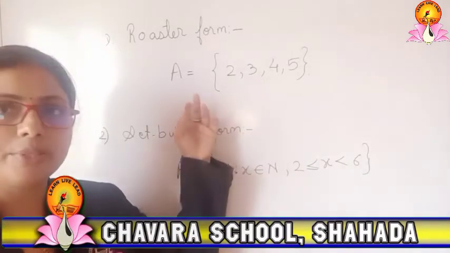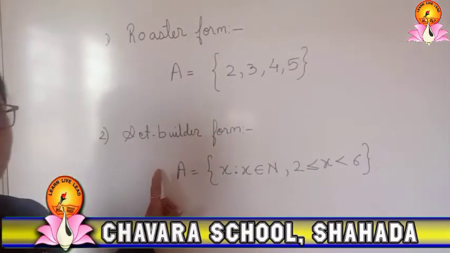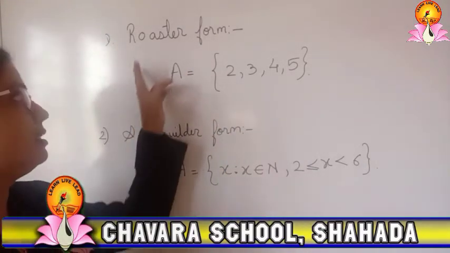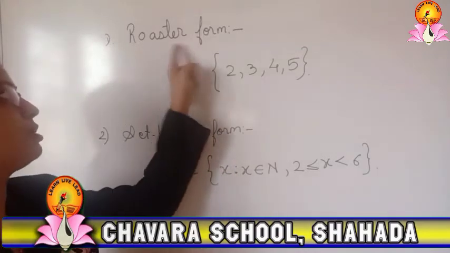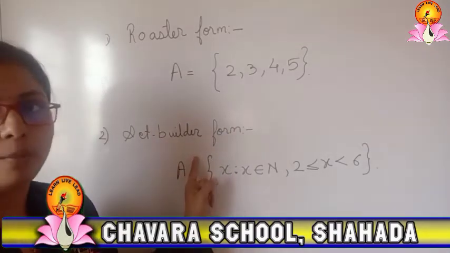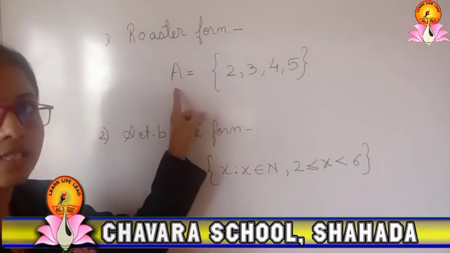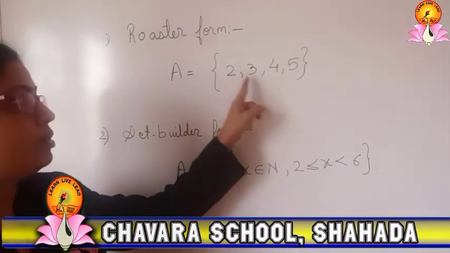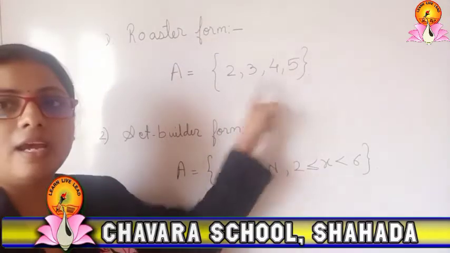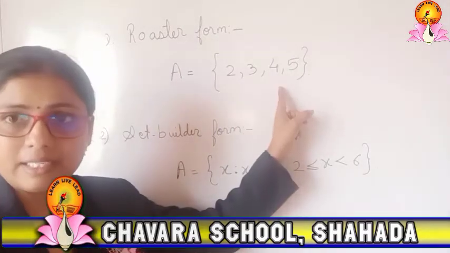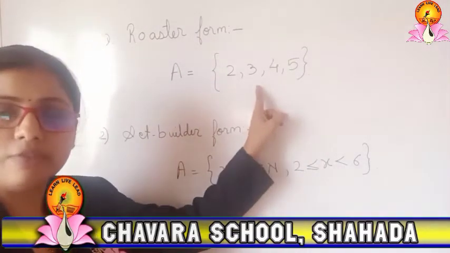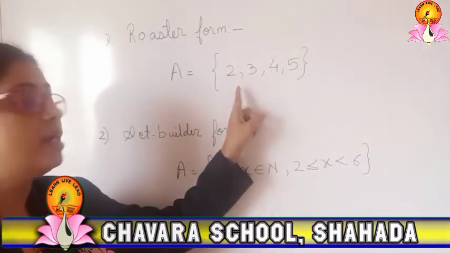Now look here, we have the two forms of the sets. The sets are written in two forms, that is roster form and set builder form. So my dear children, here you can see A is a set where 2, 3, 4, 5 are the elements of the set.